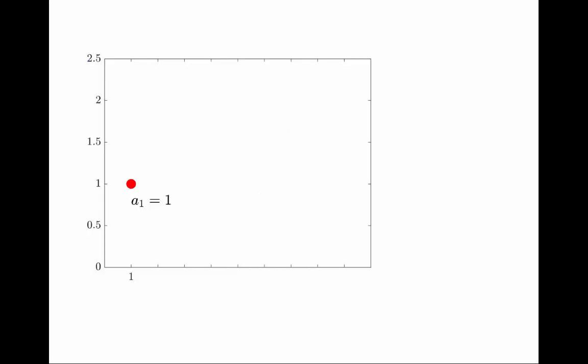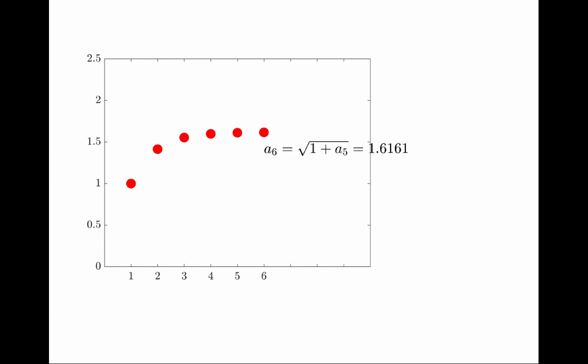All right, so a1 is the square root of 1, which by the way is 1. The second entry is the square root of 1 plus the previous, so that's the square root of 2. The third entry, square root of 1 plus the previous. The fourth, the fifth, the sixth, each one is the square root of 1 plus the previous.